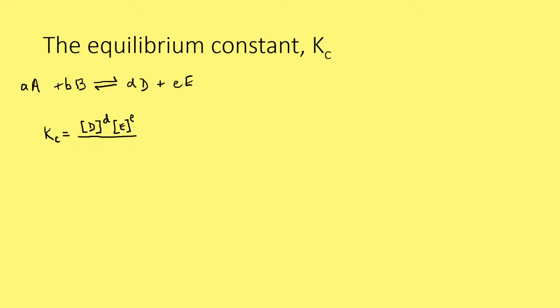And it is that over the concentration of A to the power of the number of moles of A, times the concentration of B at equilibrium, again to the power of the number of moles of B. And that is the expression for the equilibrium constant. So notice that on the top, the numerator of the ratio, we have the products, and on the denominator we find the reactants.